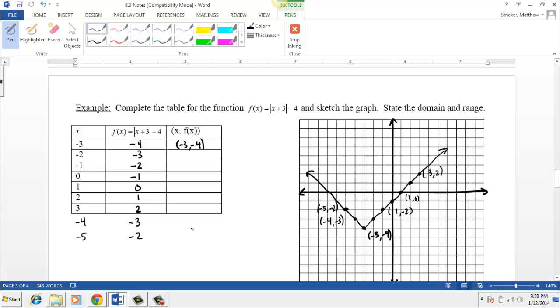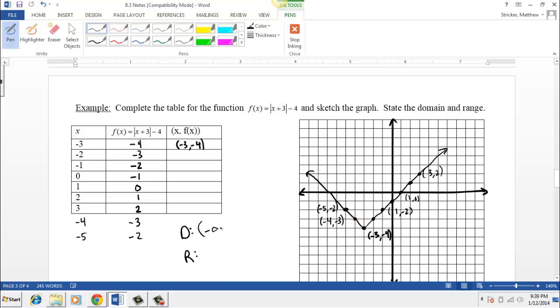Again though, we can talk about the domain and range just like the last one. It turns out pretty much every absolute value function has the same domain, because you can plug in any x value in here. It doesn't matter what it is. Notice that this graph keeps going out to the right, and it keeps going out to the left as it goes up. So domain is again everything.